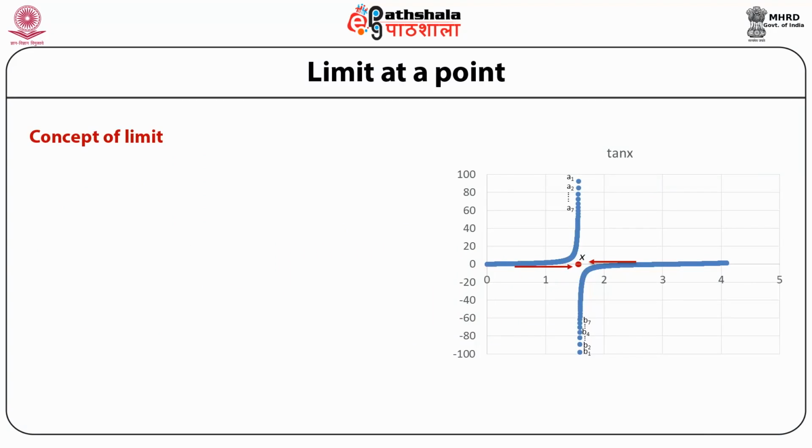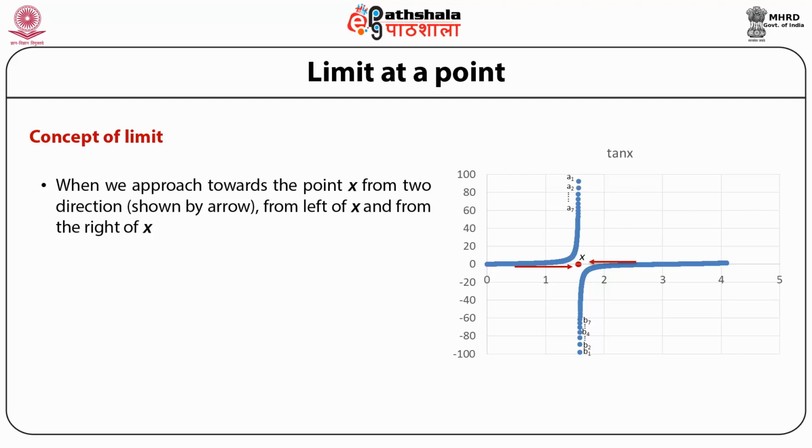Graphically, you can see the point x on the right hand side, and then there are two arrows, one coming from the left and one coming from the right side. Now this is a tan x function, the tangent of x.